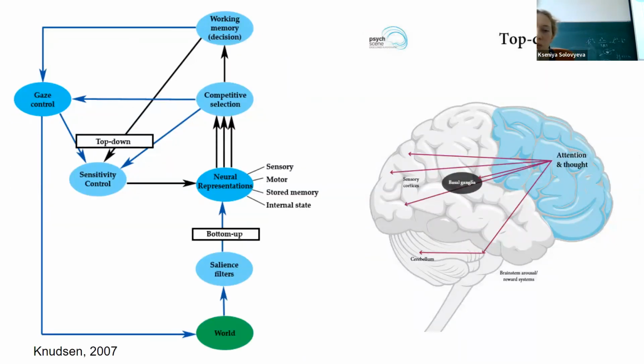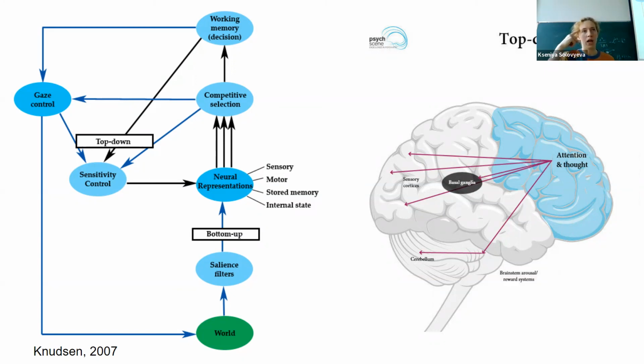And there are different models of how these systems work, and the main idea is that there are top-down and bottom-up processes. So, for example, if we have some special goal in our executive control network, we increase some stimuli which are connected with this goal.